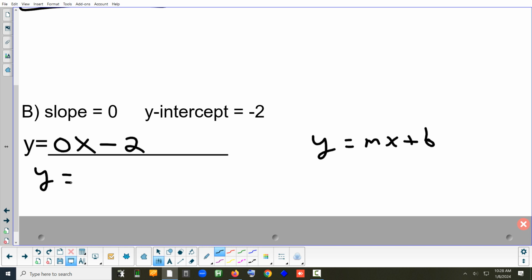Now, this one you can simplify a little bit. What's 0 times x? 0. 0 times anything is 0. So really, this part just cancels out. The slope is 0, and when it's 0, we don't have to write it. So what would be here then? Just -2.